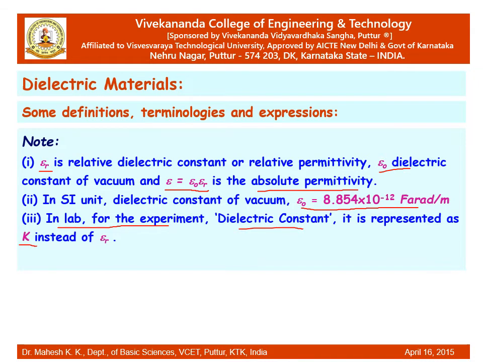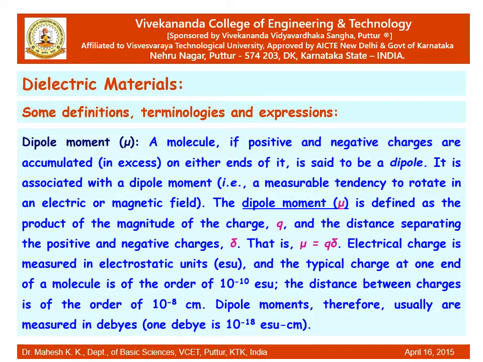But now let us see one more definition, that is the dipole moment, which is represented as mu in Greek. Consider a molecule. If positive and negative charges are accumulated on either end of it, it is said to be a dipole.